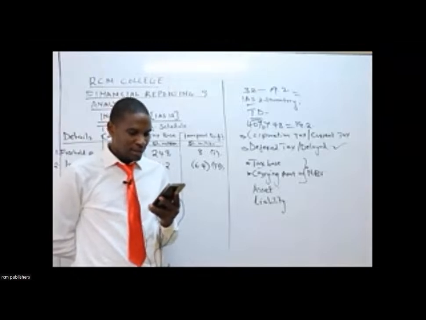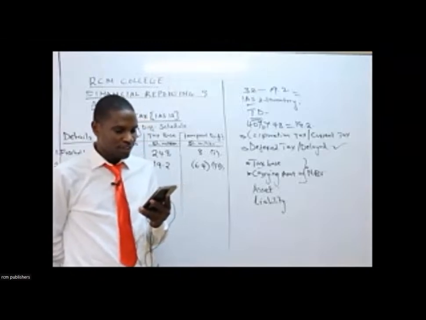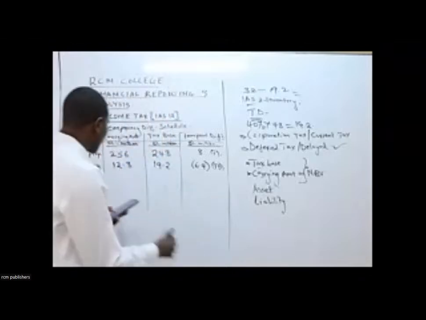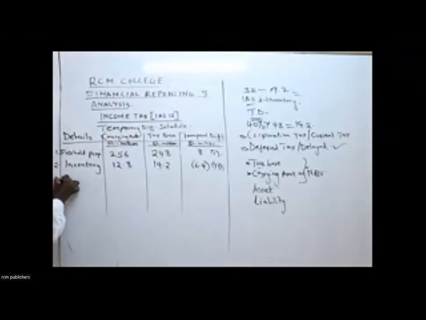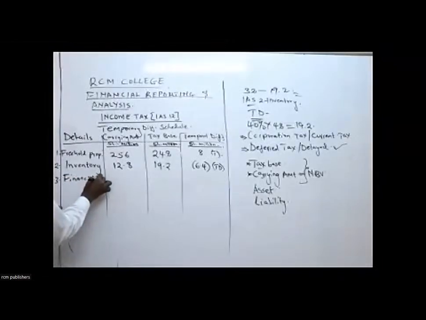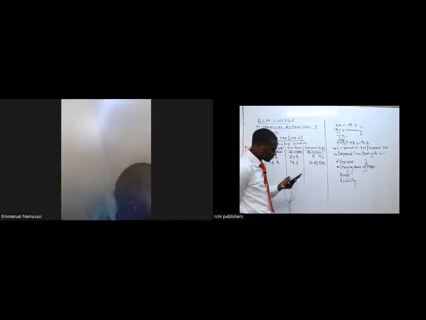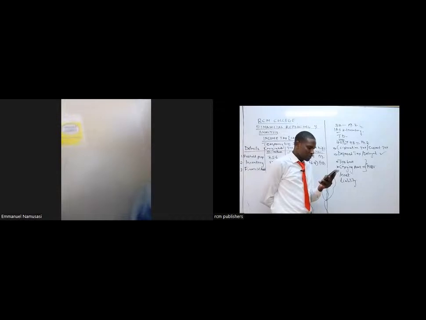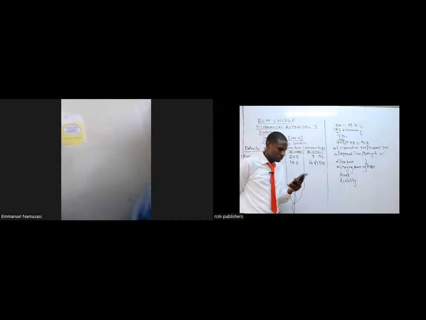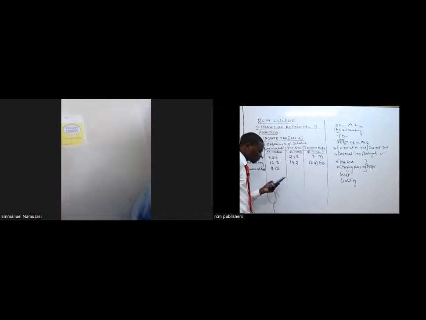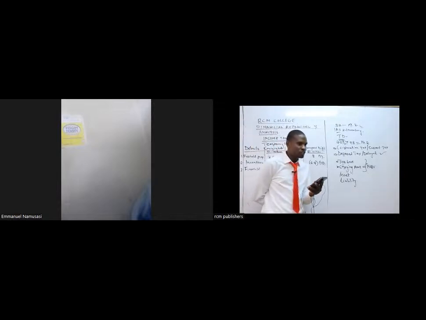They have told us that the carrying amount of the financial asset is 412. In fact, that is the market value. We have to determine our tax base.